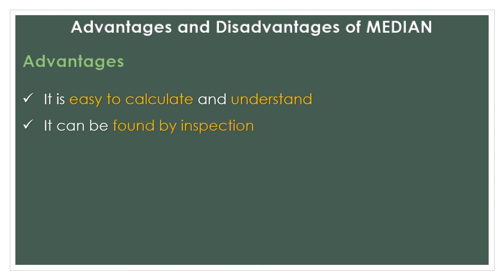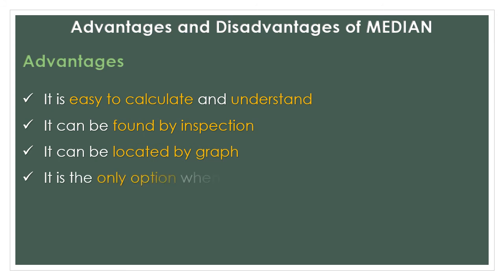That means just by looking at the ascending or descending data, we can estimate what the value of the median will be, which is not so with the mean. It can be located by graph. If we draw a graph of the frequency distribution or the data, the middle part of the graph could be called the median. So we can calculate it using a graph.